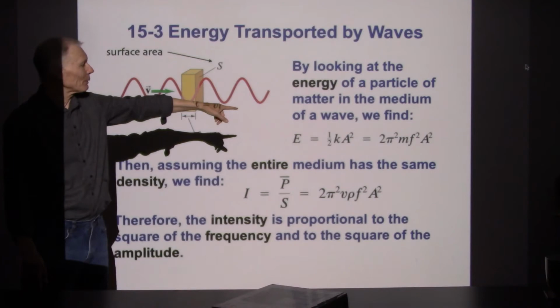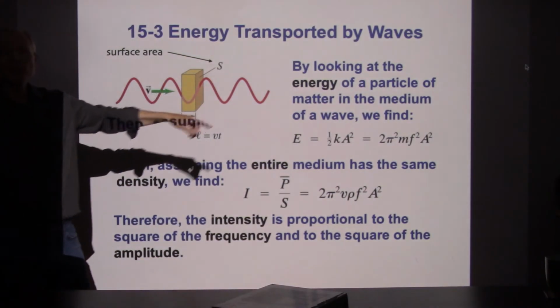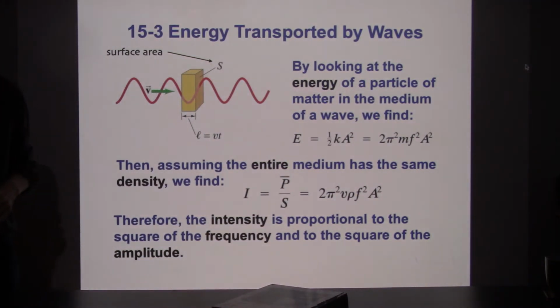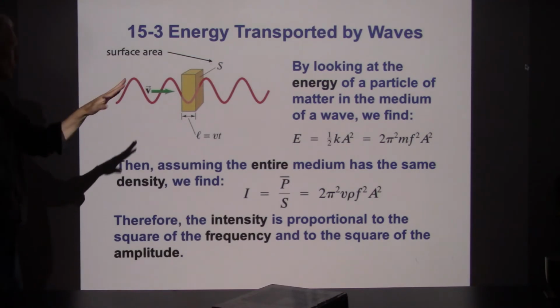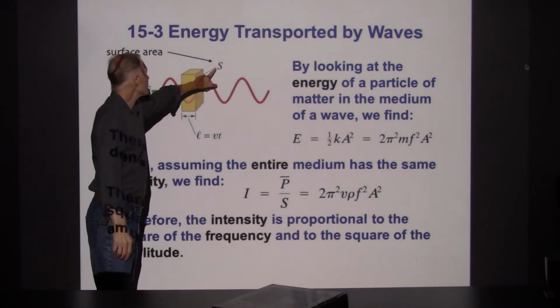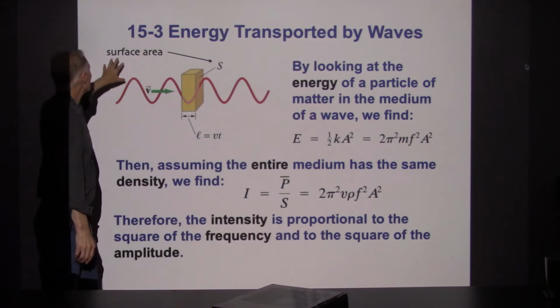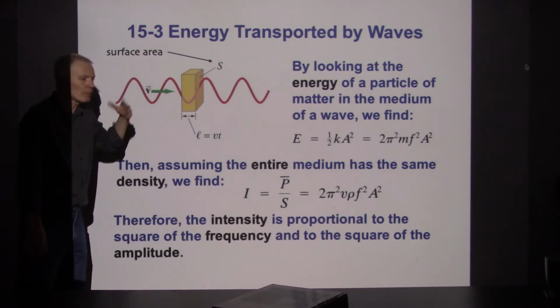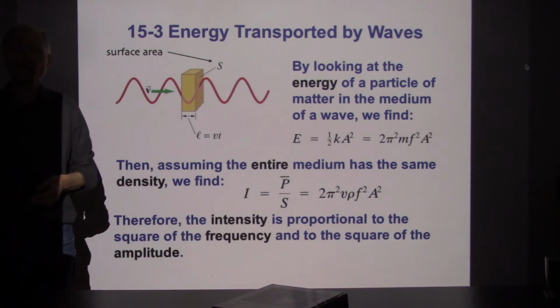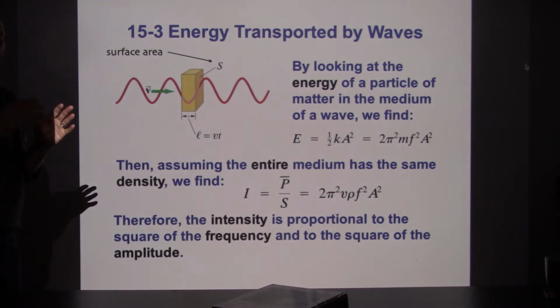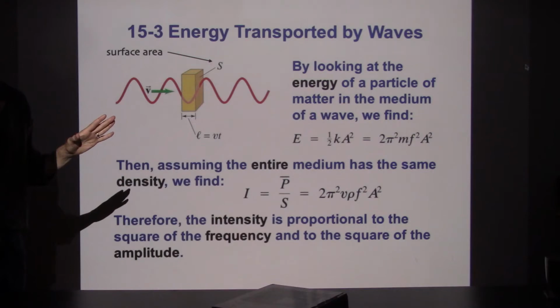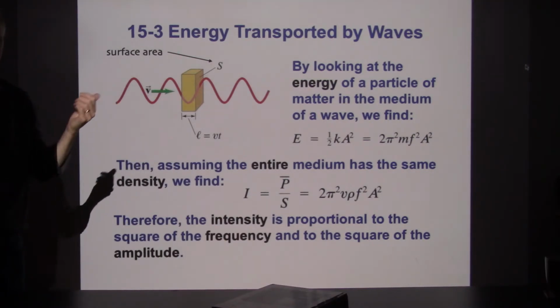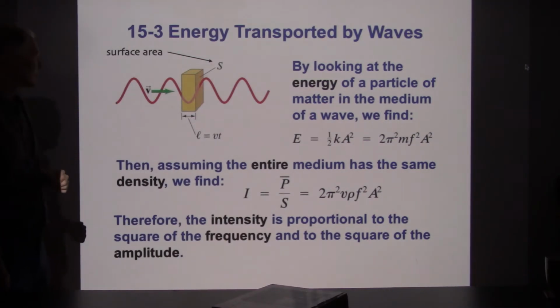Since capital A is already being used for amplitude, the textbook does a fallback and uses S to represent surface area. So be prepared, these capital S's in the formulas have to do with cross-sectional area. And they're calling it surface area to justify using S.